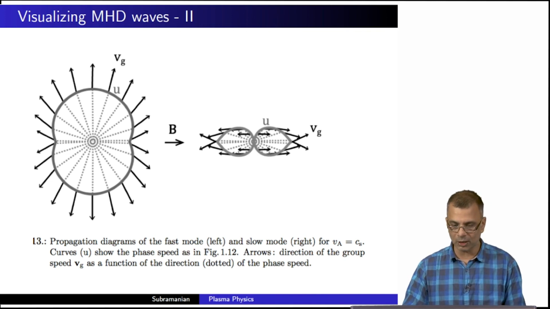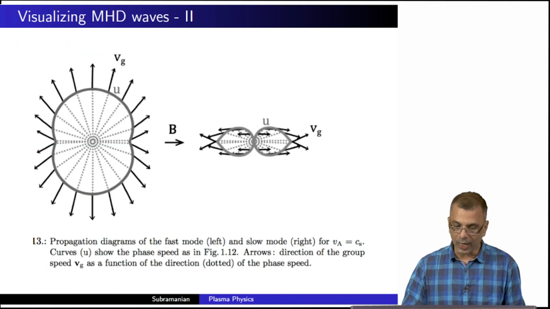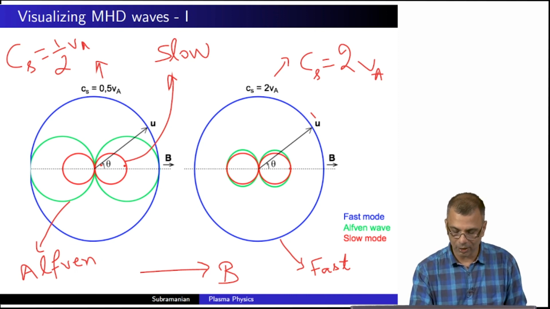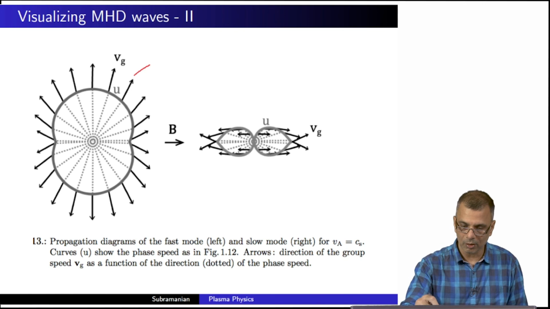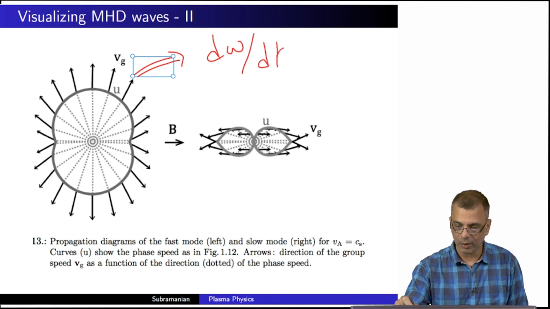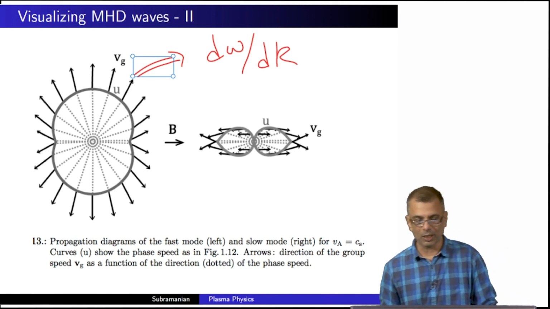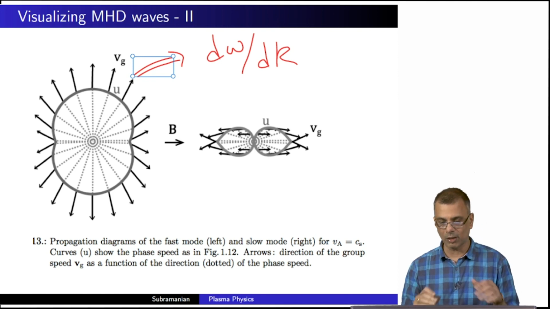The curves show the phase speed, omega over k, and the arrows denote the direction of the group speed, d omega dk. So these contours are still omega over k, the arrows denote d omega over dk, and the dotted lines denote the direction of the phase speed.